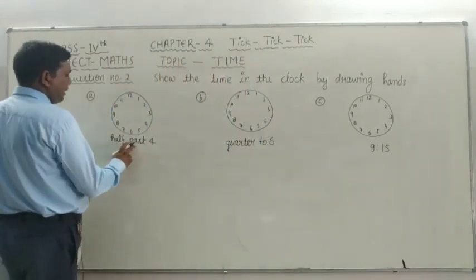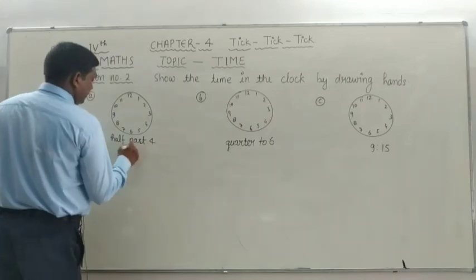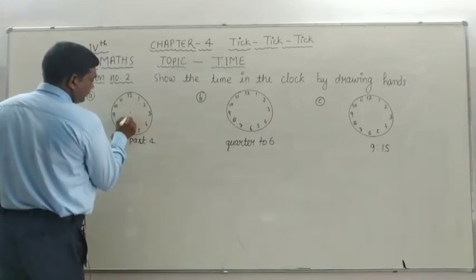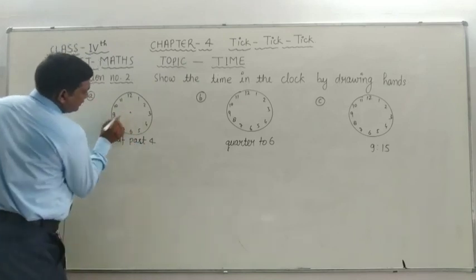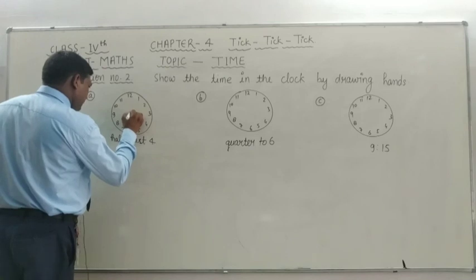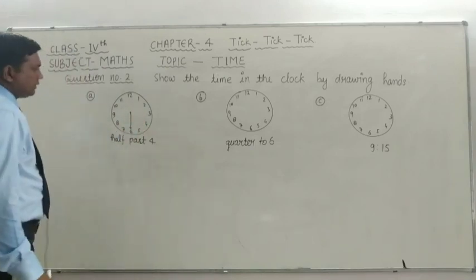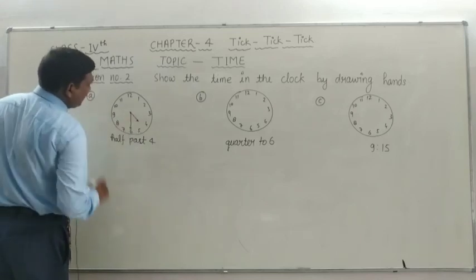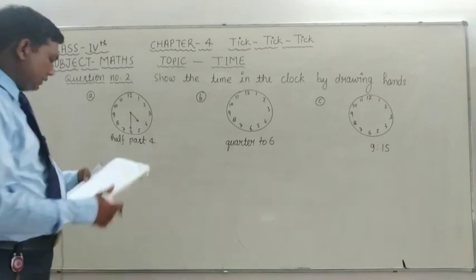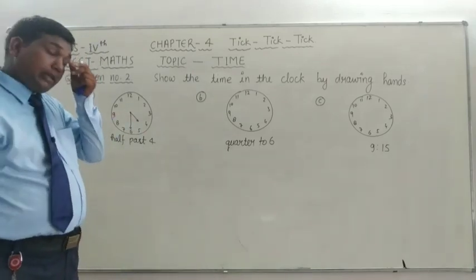Here given that 4:30. Dear students, it means we have to take the minute hand exactly at 6 and the hour hand exactly between 4 and 5. Understand? This is 4:30.